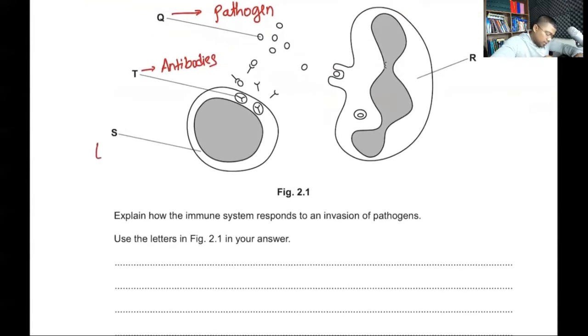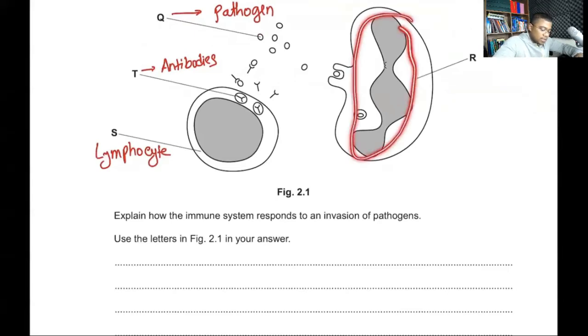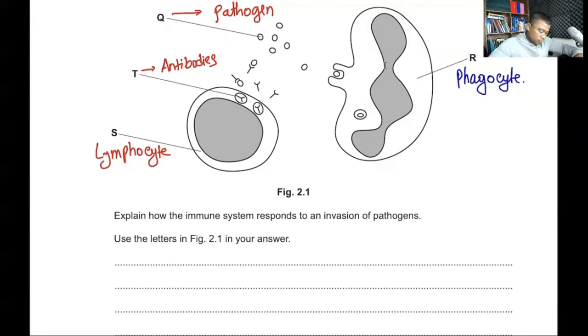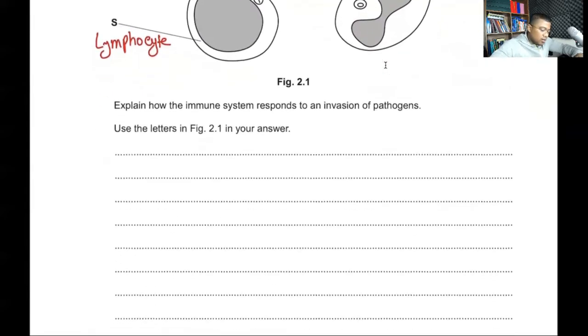S is thereby a lymphocyte. We can also see R has a lobed nucleus and it is engulfing the bacteria, so it must be a phagocyte. So both S and R are white blood cells.